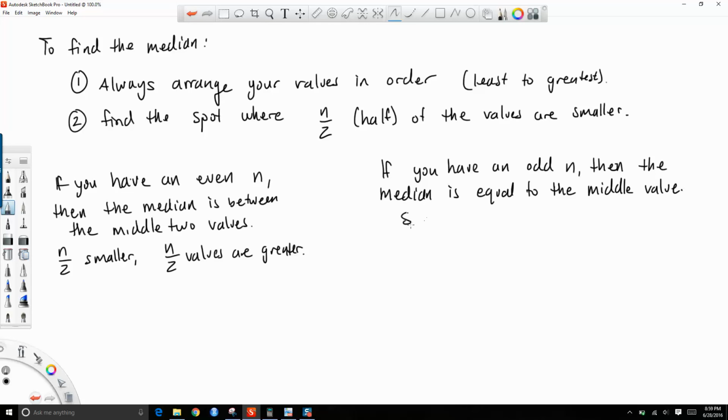And you still have half of the values smaller and half of the values greater.